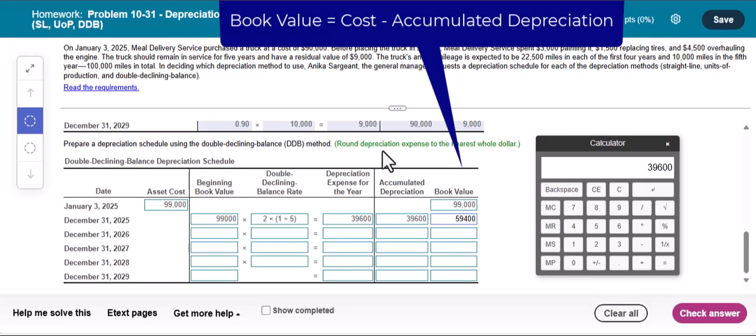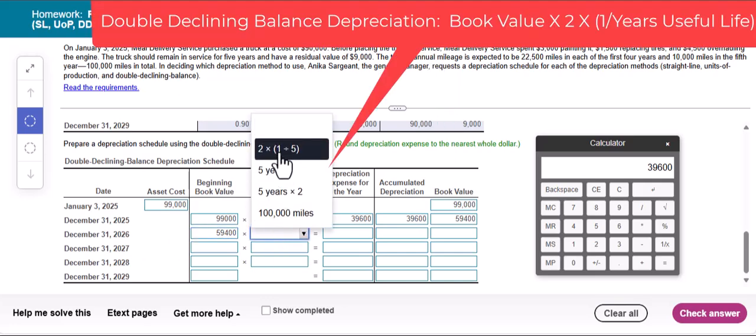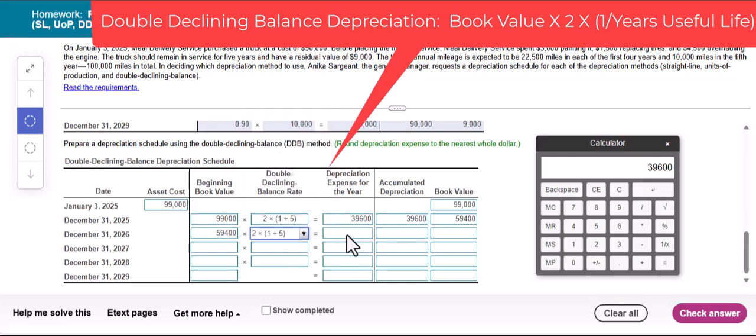So now we're going to take this book value from the previous year and plug it in for the beginning book value of the next year. So that is 59,400 for 2026. And then we'll do the same 2 times 1 divided by 5. And that is going to give us 23,760.